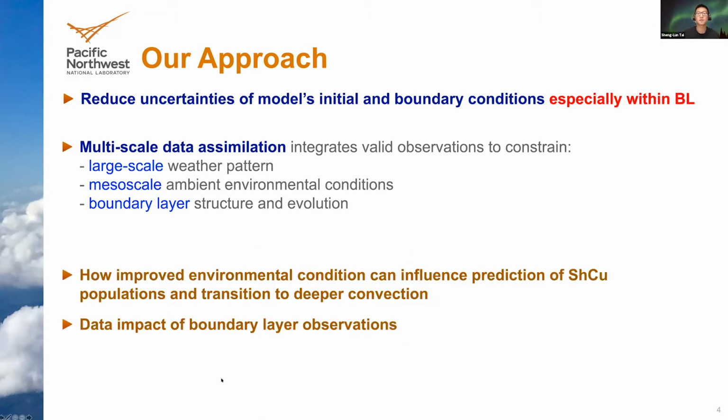This could help us understand first how improved environmental conditions can influence the prediction of shallow cumulus populations and the transition to deeper convection, and secondly, the data impact of boundary layer observations.